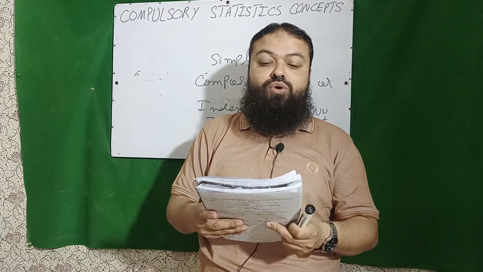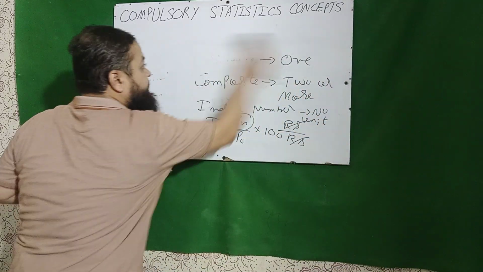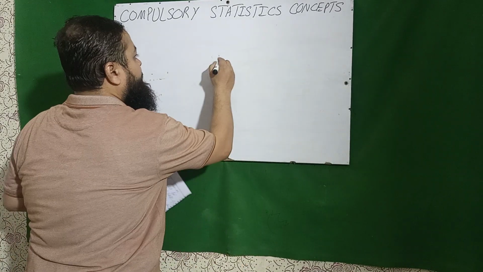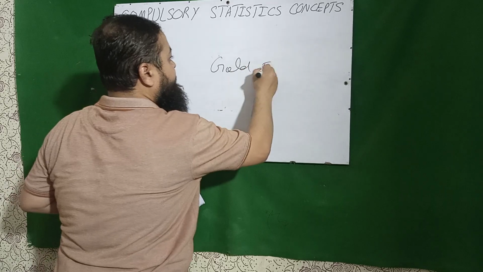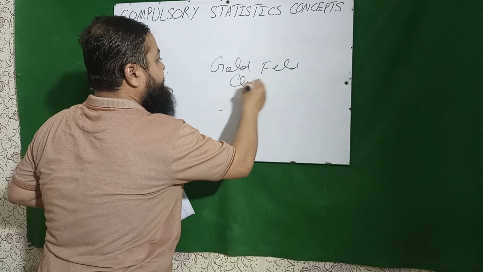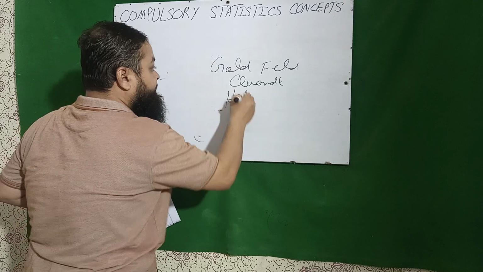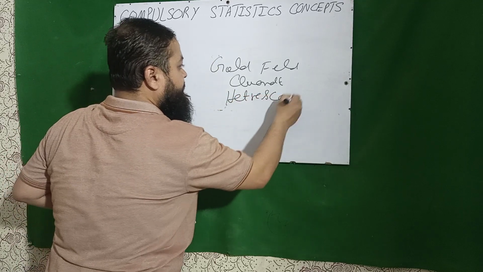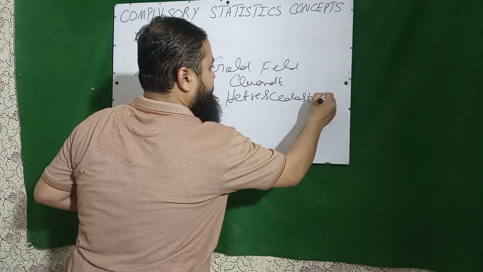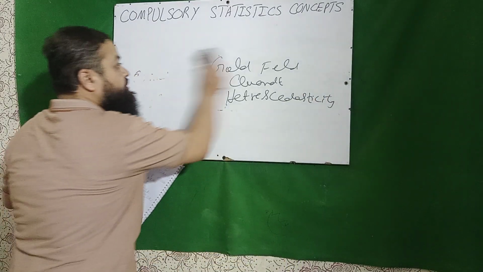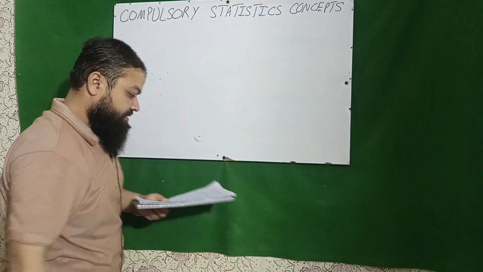Next question is Goldfeld-Quandt test, a very important one. Goldfeld-Quandt test is used for detecting the heteroscedasticity. Next question is also very precious one.